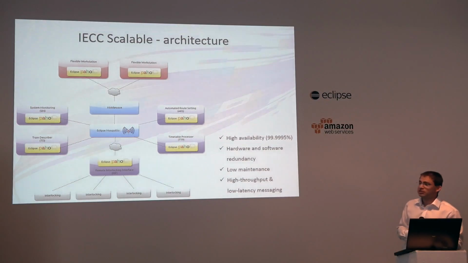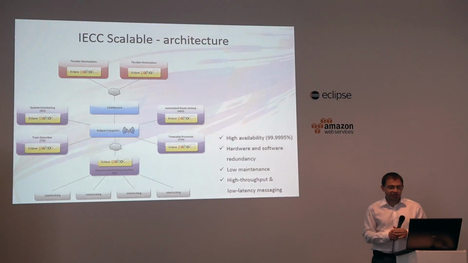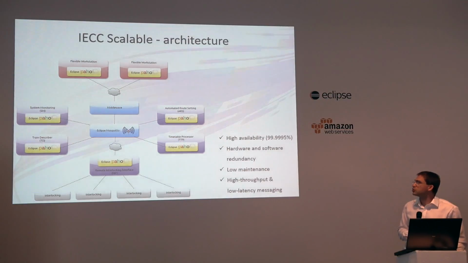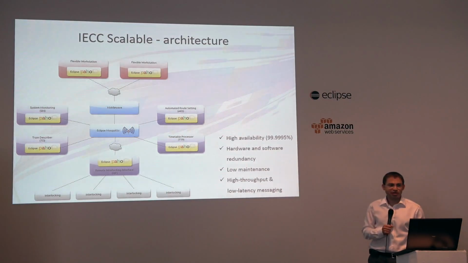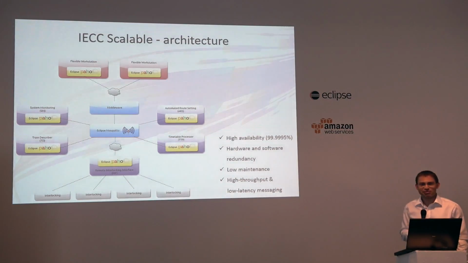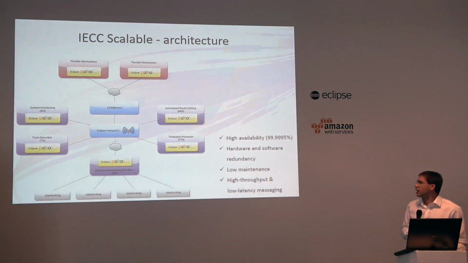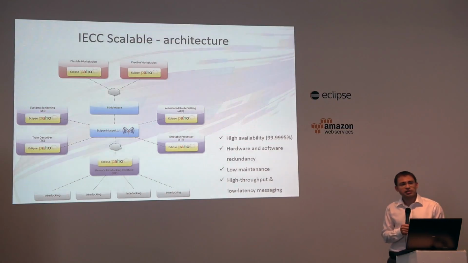So that's 99.9995, which is about up to 13 seconds per month downtime allowed, or 2.5 minutes per year. And we achieved that easily. So it's good to know that those things are working well and there are no issues. And we achieved that partially with software, hardware redundancy, and all those things mean that the system is very low in maintenance.